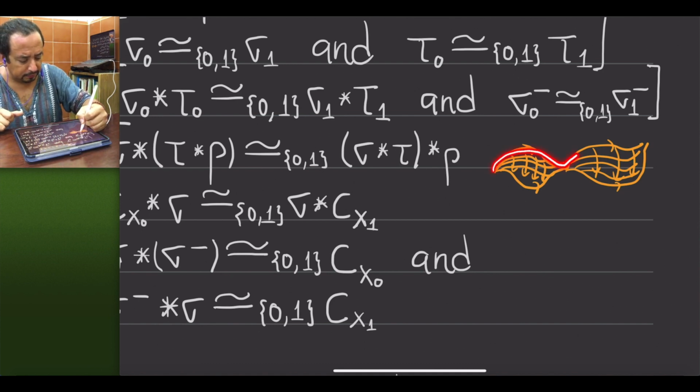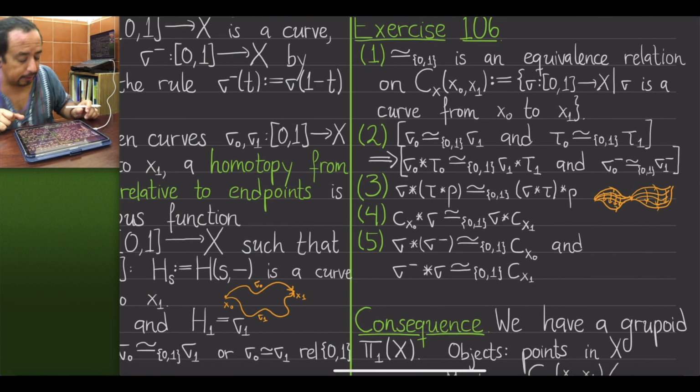I mean, this concatenation can be deformed to this concatenation. You see, somehow this is more or less a deformation. Okay, what else?